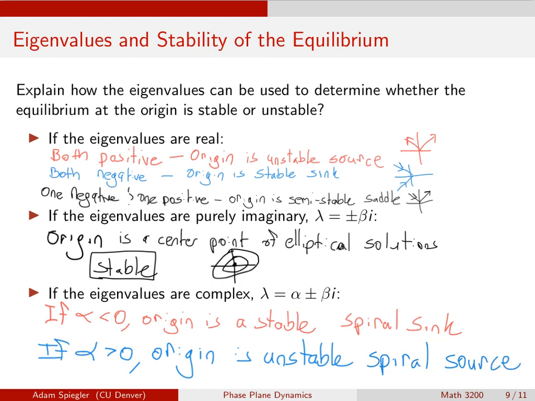Okay, so here's kind of the big summary of phase plane dynamics and what the eigenvalues tell us about the stability of the equilibrium, which in this case is the origin. What do they tell us about the stability of the equilibrium of the system?